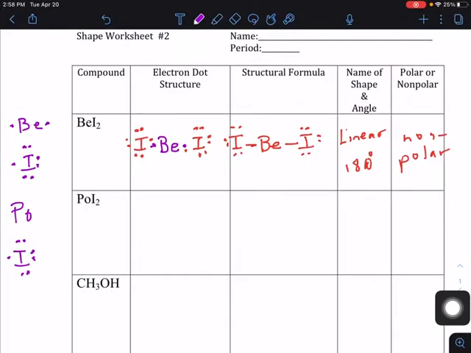And we're going to put 1, 2, 3, 4, 5, 6. Since it has 2 by itself, that's going to be the one that goes into the middle. So we've got Po with 1, 2, 3, 4, 5, and 6.